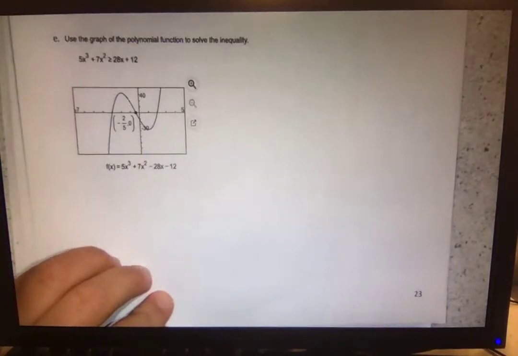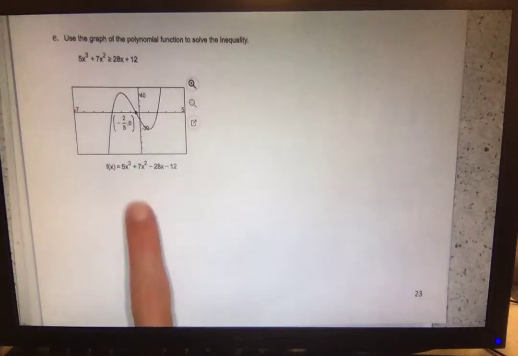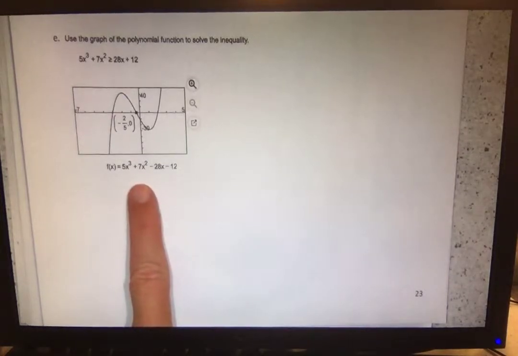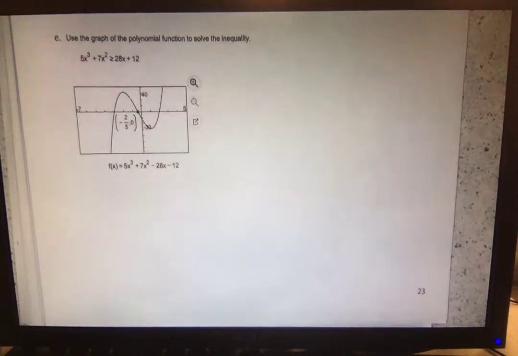Example E. Use the graph of the polynomial function to solve the inequality. So this time we're doing exactly the same thing. They just give us a graph to look at it visually instead of algebraically. The inequality is 5x cubed plus 7x squared is greater than or equal to 28x plus 12. They went ahead and put it in standard form and graphed it.